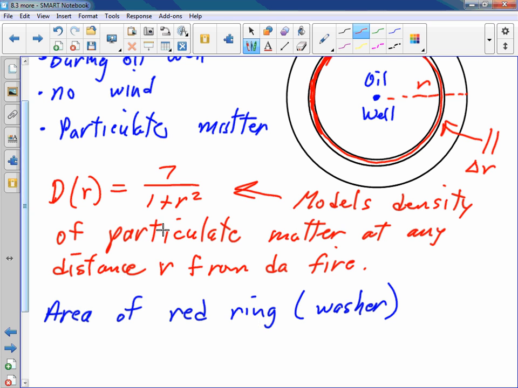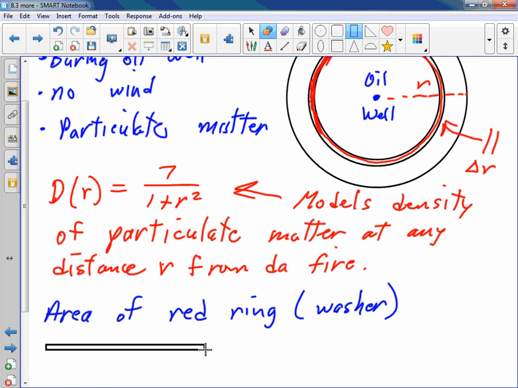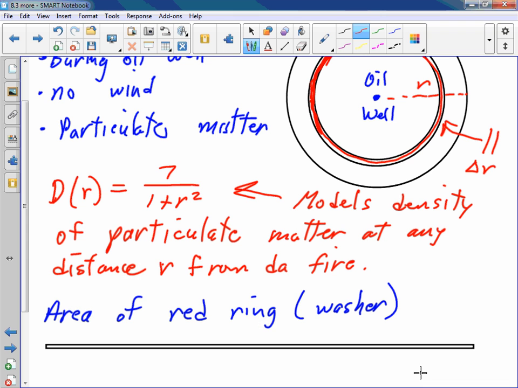Riddle me this, Batman. What if we took that ring and made it like a licorice rope? A red licorice rope. L equals 2 pi r, because we want to do it in terms of r, and then what's the thickness of it?